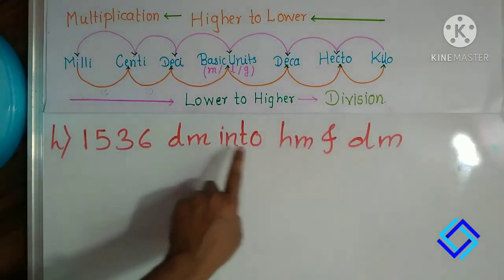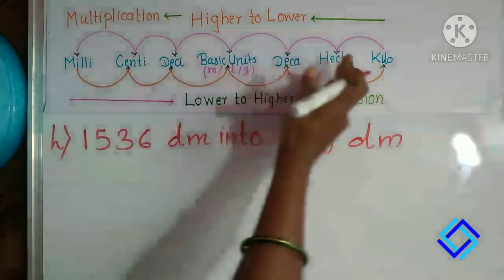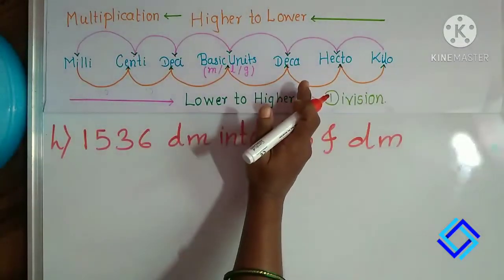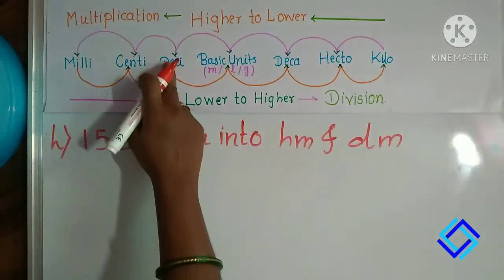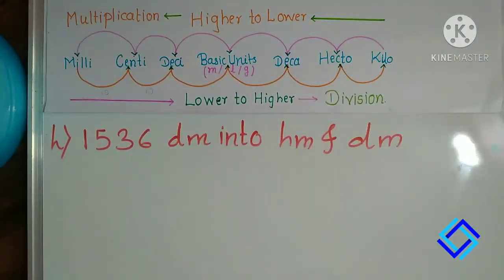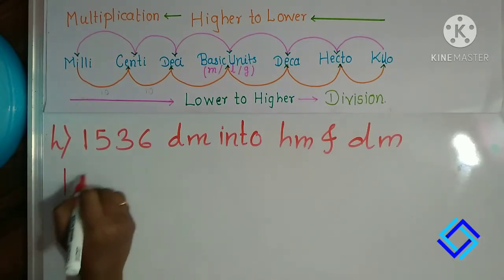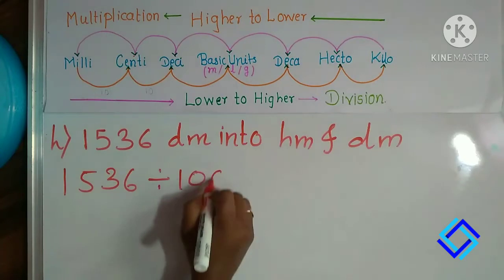1536 decimeter into hectometer and decimeter. Now we have to convert from decimeter to hectometer, means lower to higher unit. So we have to do division. Now decimeter to hectometer, there are 1, 2 and 3 steps. So we have to divide by 1000. So 1536 divided by 1000.